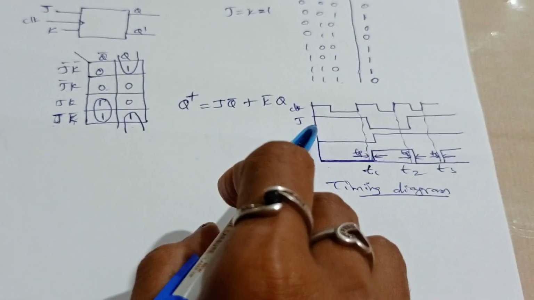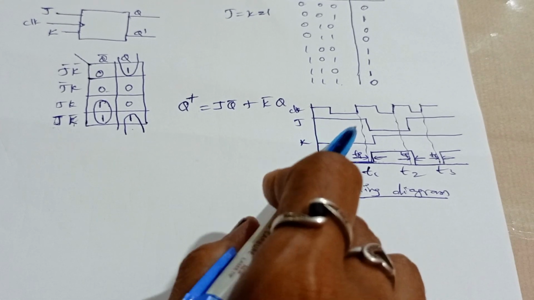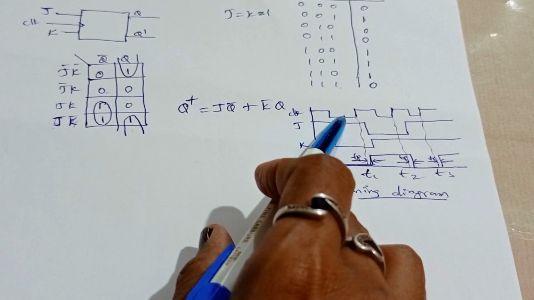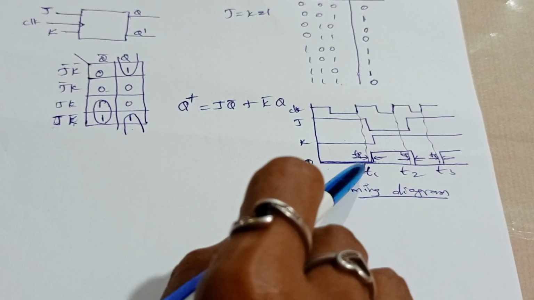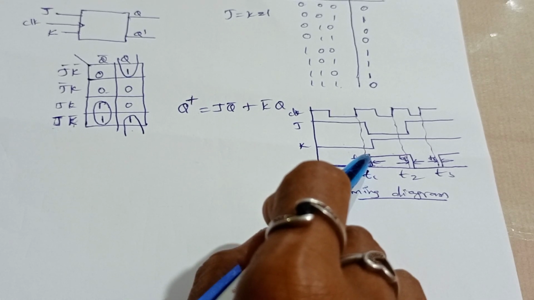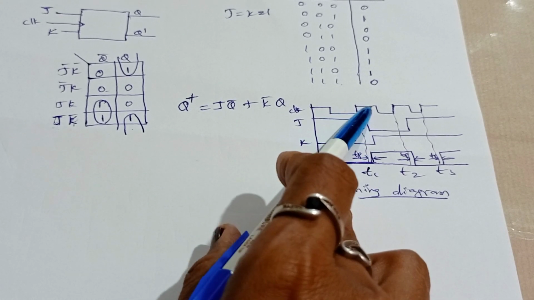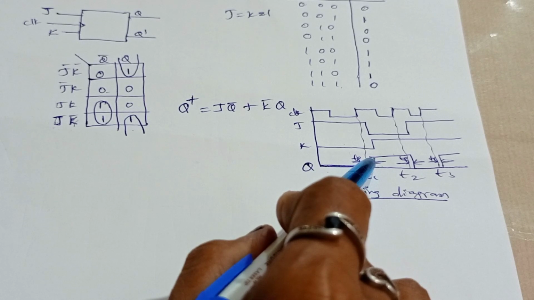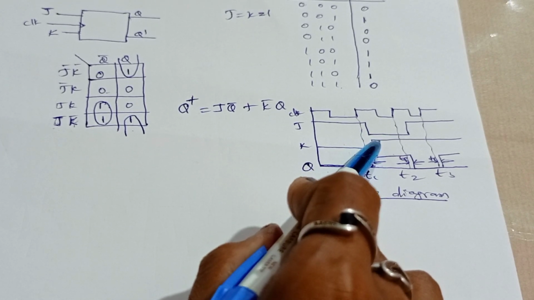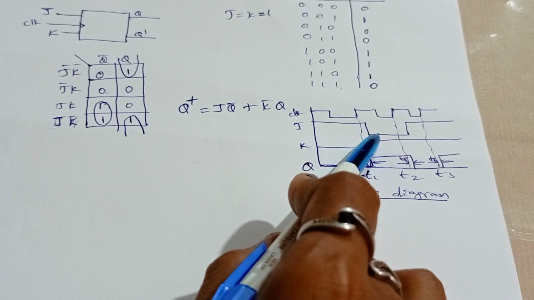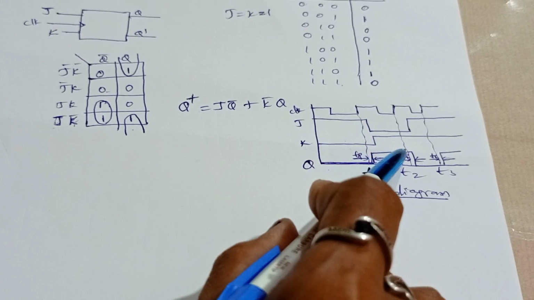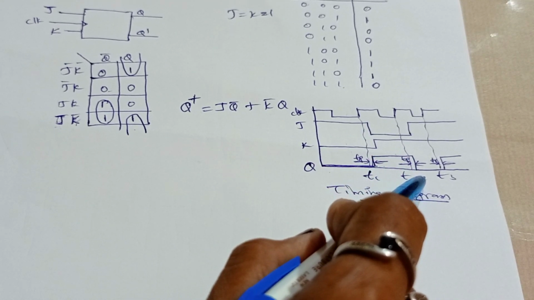If J is equal to 1 and K is equal to 0, when clock is 0, Q will be set to 1 following the rising edge. If K is equal to 1 and J is equal to 0, Q will be set to 0 after the rising edge.